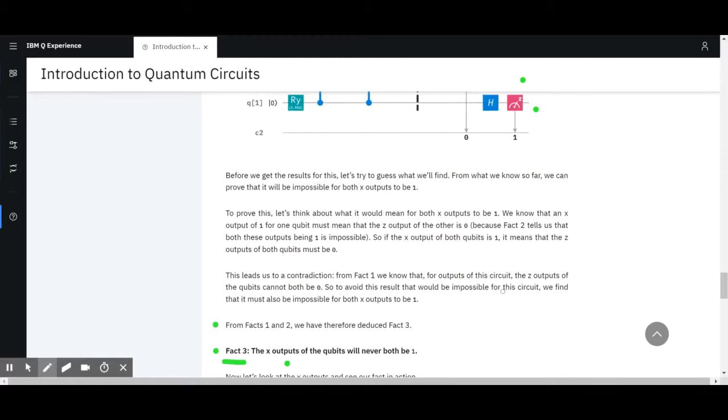So to avoid this result, if the X output of both qubits is 1, it means that the Z outputs of both qubits must be 0, which cannot happen.